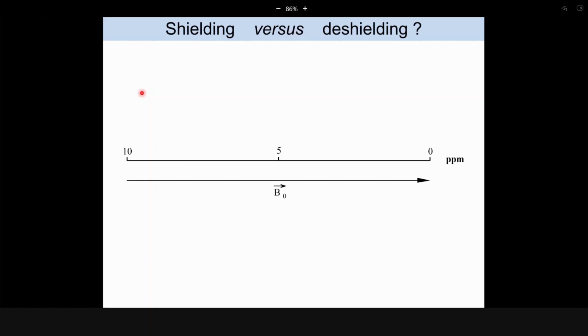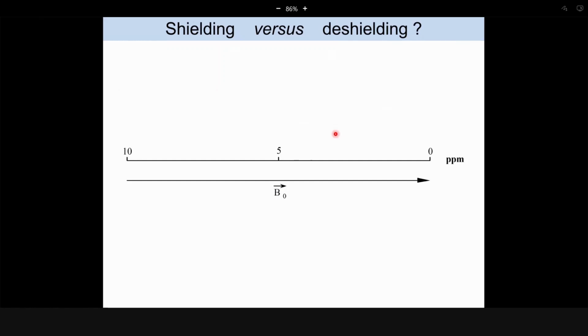So to describe the spectrum and the place of the signals on the scale, we can use some vocabulary. We talk about shielding or de-shielding phenomenon, depending when we want to compare, for example, two groups of protons.